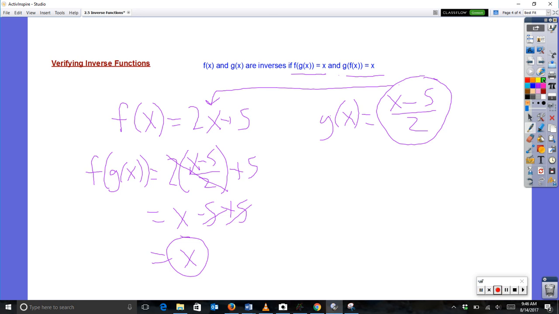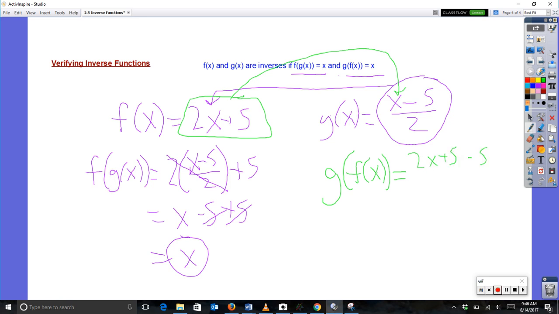So if we take the 2x plus 5, replace it for the x here, that means we're taking the g function and plugging f of x into it. And so we'd have 2x plus 5 minus 5 over 2. Well, 5 minus 5 is 0. Then we have 2x over 2. The 2's cancel, and we have x. When that happens and reduces down, that's your way to verify for sure that one function is the inverse of another.